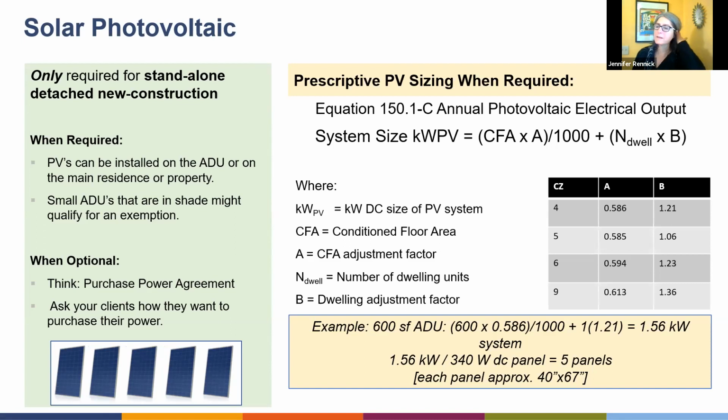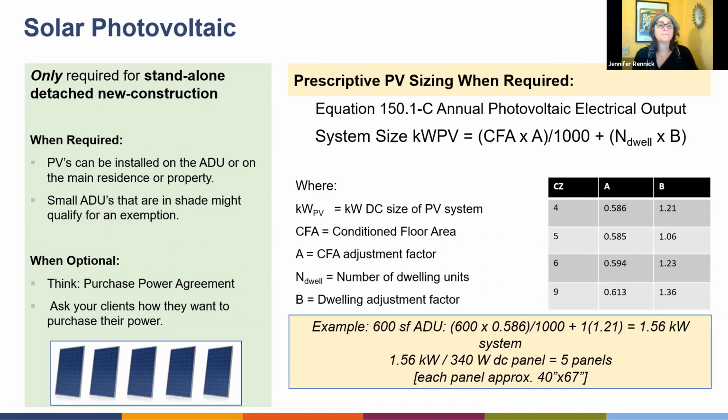So you can think of it as, sure, we're calling it an ADU for planning purposes, but the energy code sees it as, oh, you're building a new cute little house right next to your existing house. So it's a new structure. The PV requirement's going to kick in.